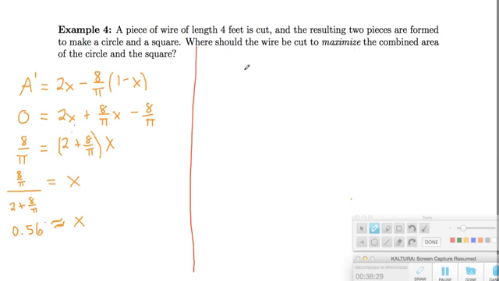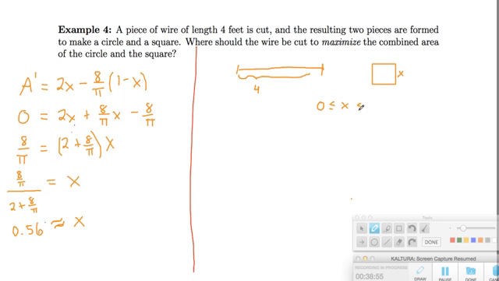Now think about it. Piece of wire 4 feet long, right? And x is the side of our square, right? What are the constraints on x? Well, obviously x must be greater than or equal to 0, because it's a side length. It can't be a negative number.